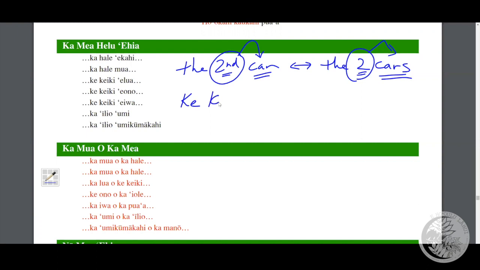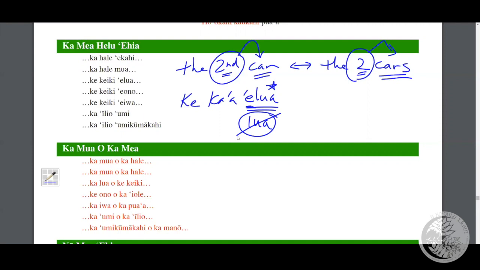Ka'a, the specific car, one of them. But which one? Ke ka'a e lua. So the first thing you learn is, as a kahulu, whenever a number is used as a kahulu, it takes on the full form, e lua, and never ke ka'a lua, but ke ka'a e lua as a kahulu.